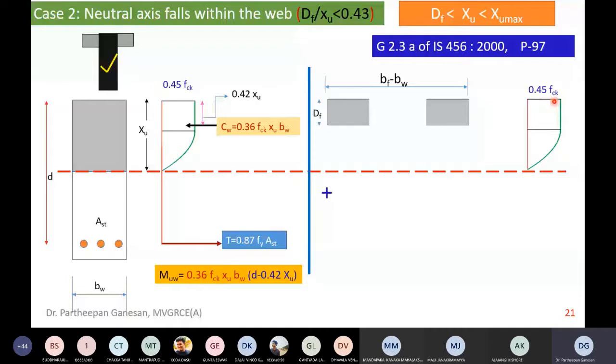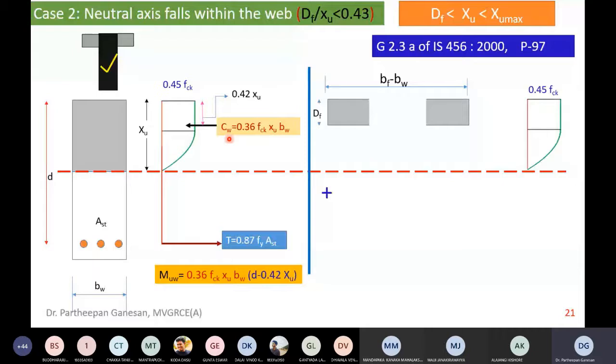You know, force means this is also force only. Cw is 0.36 fck, the stress value, multiplied by xu into bw, the area of the concrete in the web compression portion. So stress into area gave you the compressive force in the web.